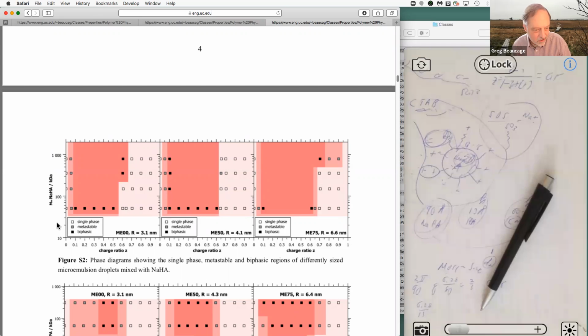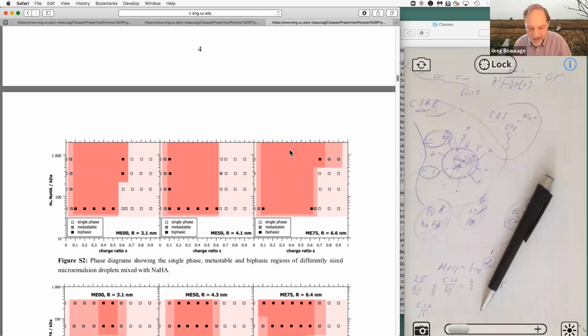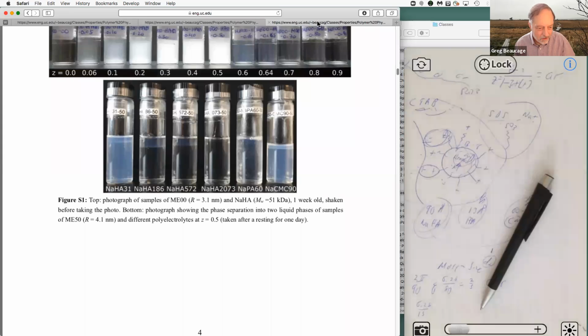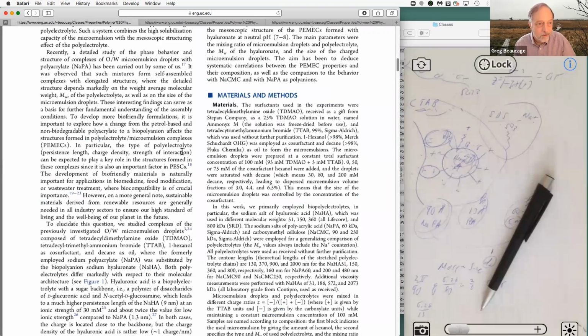So that's single phase. Right, so you have a region of two phase. He's interested in the single phase structure, like the clear square. So he wants above 0.7, and it's always above 0.7 here. So it's kind of interesting that that's always above 0.7. And why it is above 0.7 is kind of a question that isn't answered in the paper. So anyway, that's one thing in here.